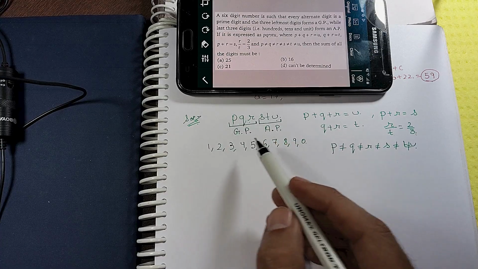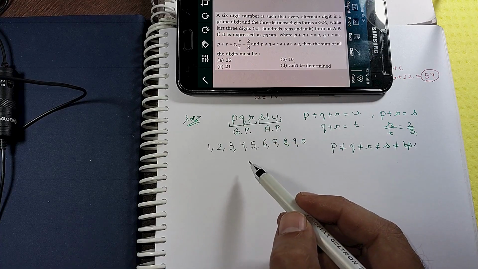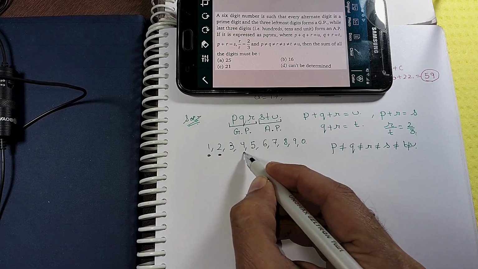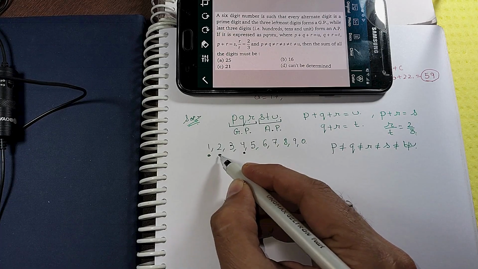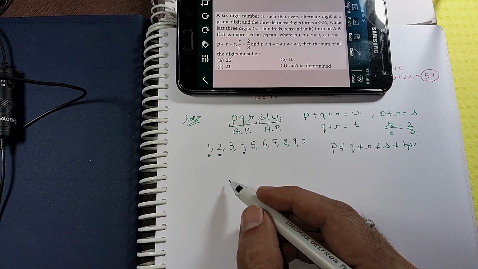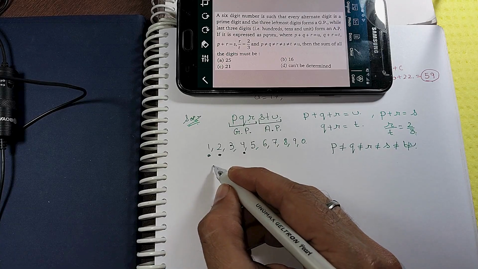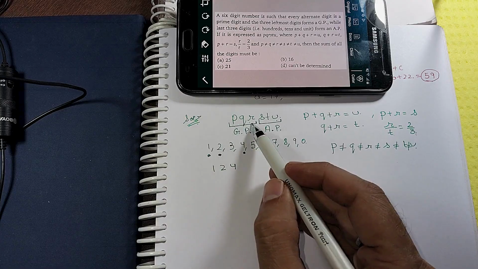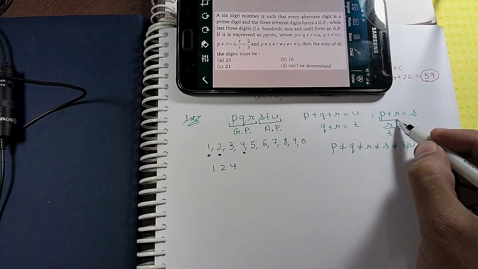Now which digits form a GP? First we will calculate those. So if I take 1, 2 and 4, 4 divided by 2 is 2, 2 divided by 1 is 2. So I can first assume PQR to be 1, 2, 4. Now P plus R is equal to S, as has been given over here.